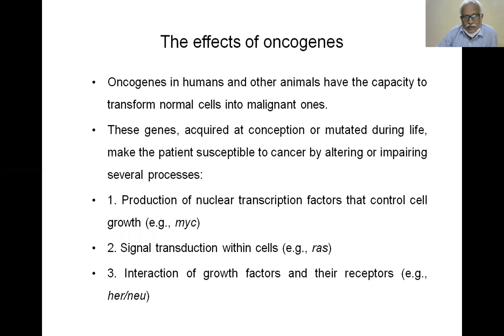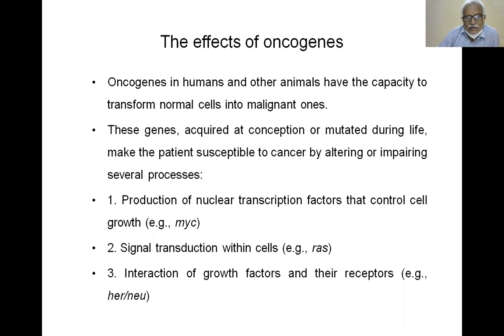So we will be acquiring these genes at the time of conception, or later on there will be some mutation during life. And this makes the patient susceptible to cancer by altering or impairing several of the processes, such as production of nuclear transcription factors that control growth.